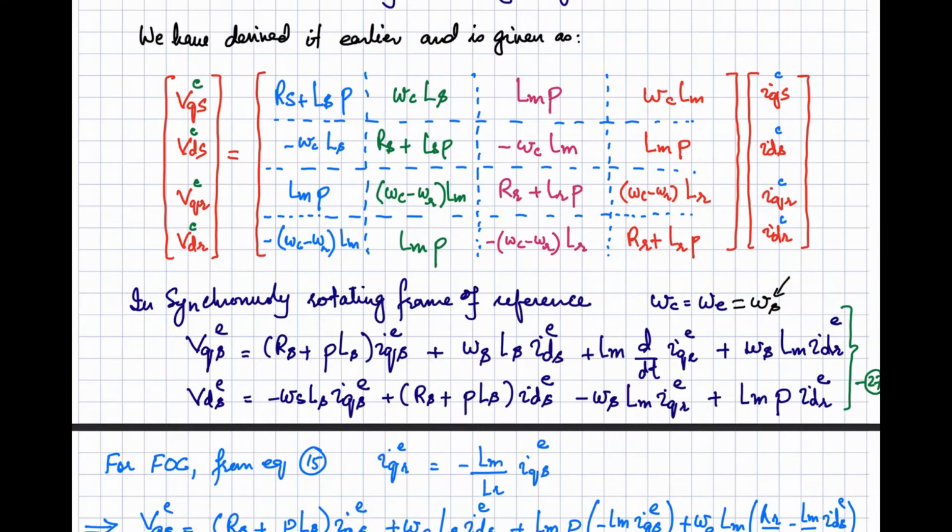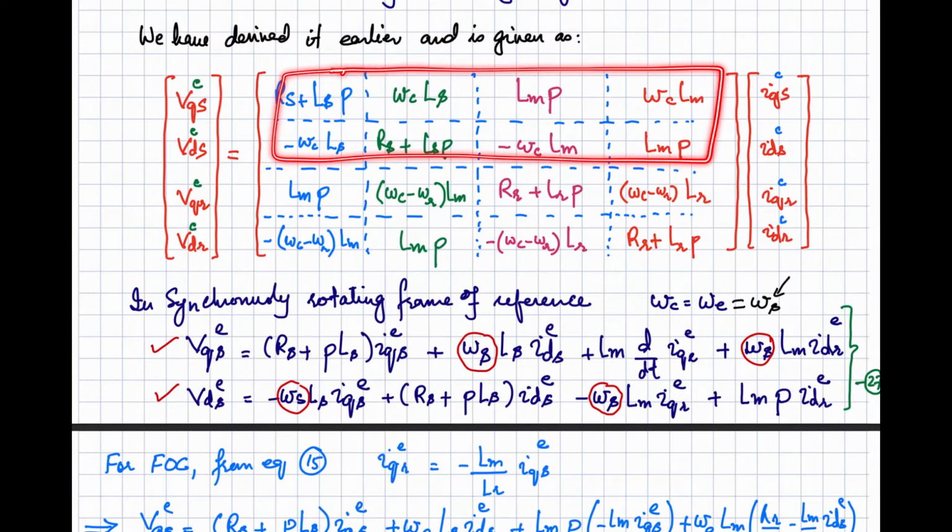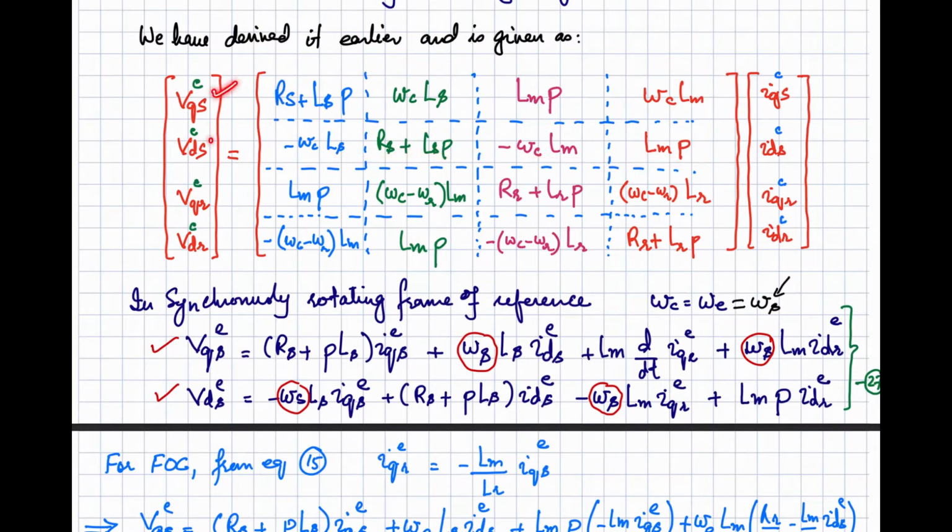So here you can see that we are going to replace omega c with omega s, or you can also represent it with omega e, and we have set up the equation for the q axis and the d axis of the rotor, using these two rows, because these are relating the q axis voltages with the stator and the rotor currents.